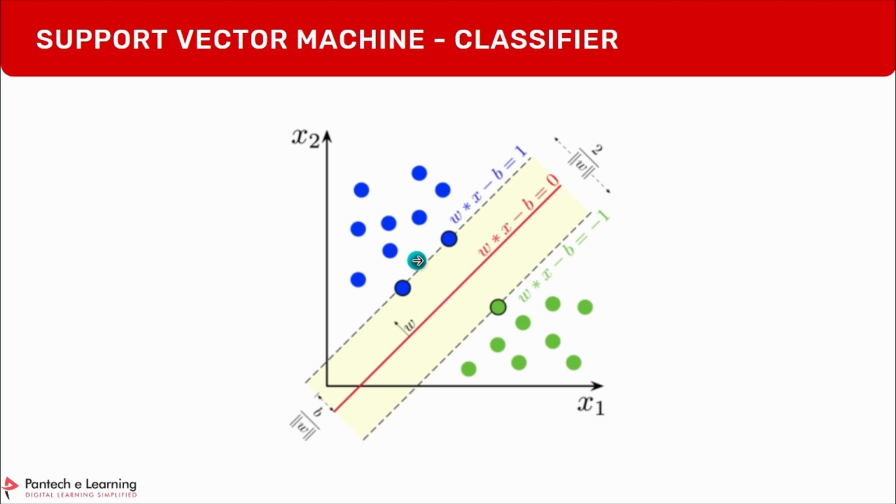For example, imagine this blue color as class A, and this green color as class B. The point in class A which is closer to your hyperplane, through that your plane will be passing. That is called the support vector for class A. Like that for green also, we will have another plane passing through the closest point towards the hyperplane from the B side. That will also be mapped, and we will have a hyperplane in the center, and we will have support vectors.